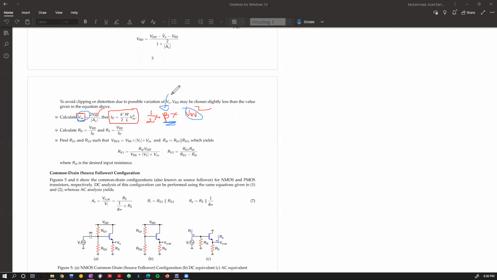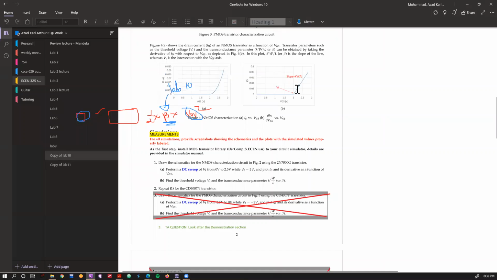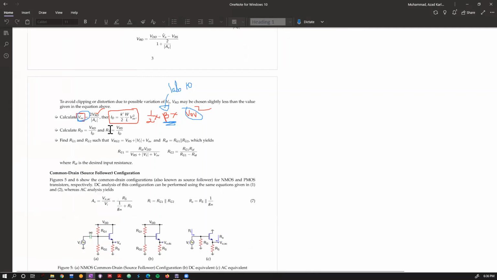This beta comes from lab 10, right? In lab 10, we calculated beta for those. You calculate your beta here, and this is your VT. That's what you calculate in lab 10, right? So that's where you get your beta from. It comes from lab 10. That's the value we borrow from there.